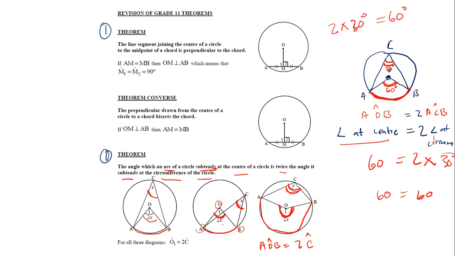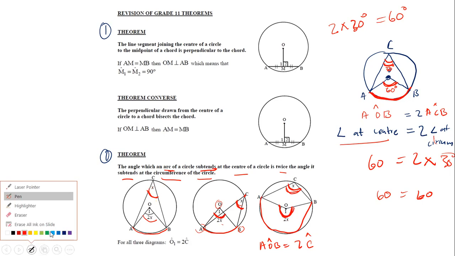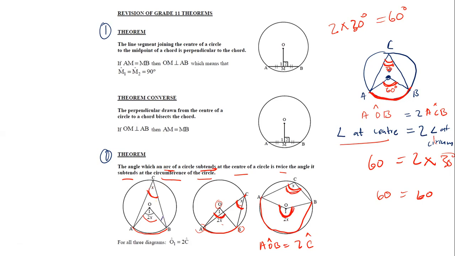But note this other angle is also at the circumference, yet it is subtended by arc AC. So it is not the same arc. We need to have the same arc subtending the angle at the center and, at the same time, the angle at the circumference, to state theorem number 2.